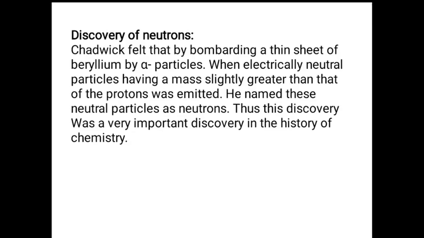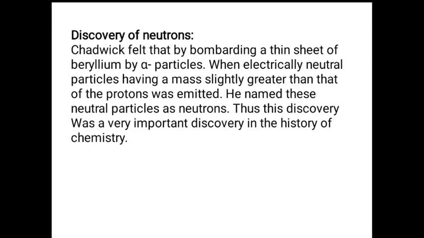So the mass of helium atom should be equal to 2 U, means mass of 2 protons. But actually the mass of helium is 4 U. So from there it was concluded that there are some other fundamental particles present in an atom which do not carry any charge, but they carry mass equal to the mass of proton.